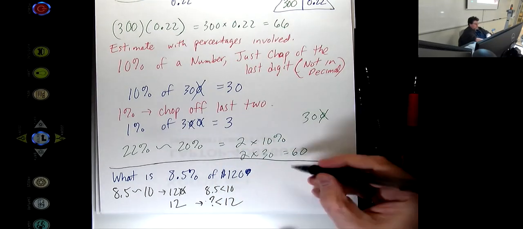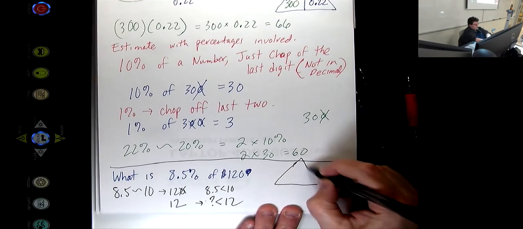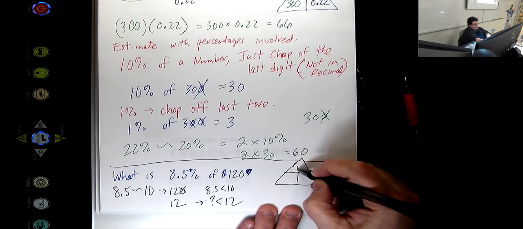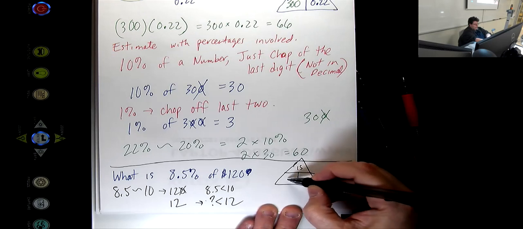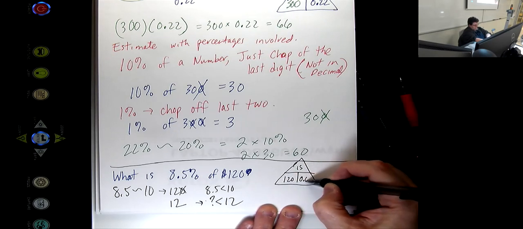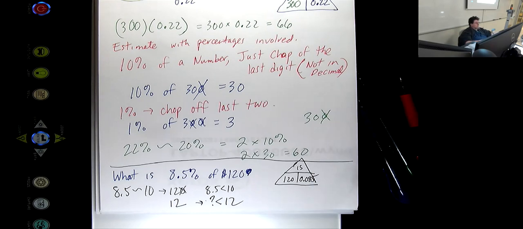And now I do my triangle. Again, the is the what. And I've got 120 and writing that as a decimal is 0.085.